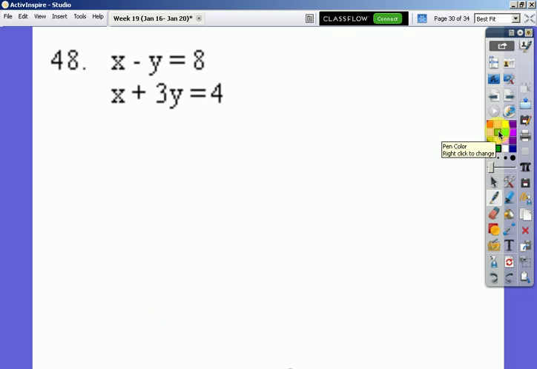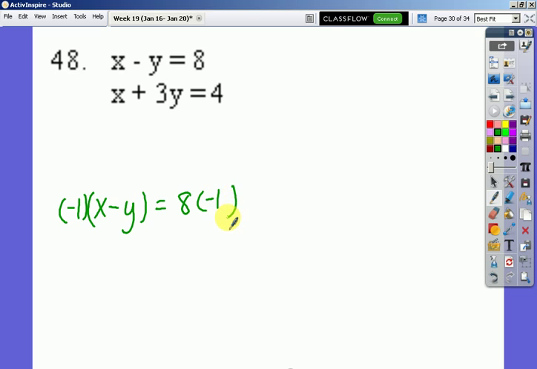So if I wanted to eliminate X, I need to just make one of them negative, right? Doesn't matter which one. Let's just make the first one negative. So if I make the first one negative, I'm going to have to multiply that entire first equation by what? Negative 1. So that negative 1 times x minus y equals 8, and that 8 is also multiplied by negative 1.